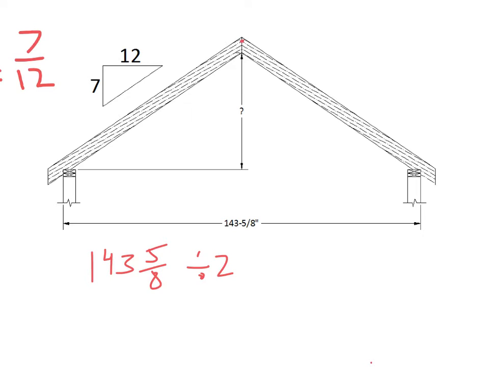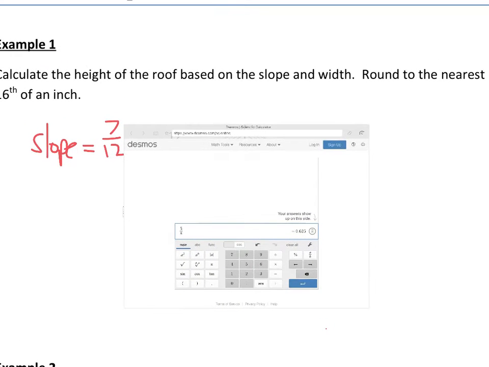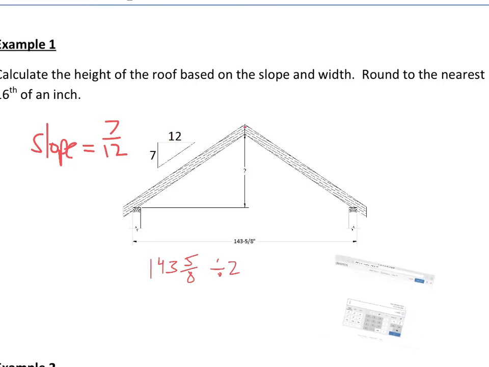Well, it's probably easiest in this case to go ahead and make this into a decimal. So let's start by taking 5/8. 5 divided by 8 is 0.625. That's one fraction you'll probably start getting familiar with if you're not already.